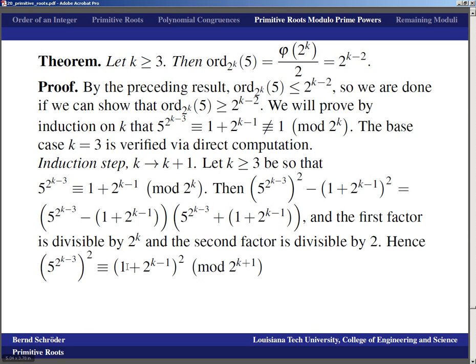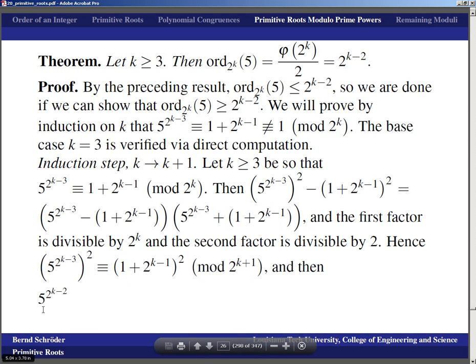And so that means that this difference is divisible by 2^(k+1), and so that means that (5^(2^(k-3)))^2 is equivalent to (1 + 2^(k−1))^2 modulo 2^(k+1).